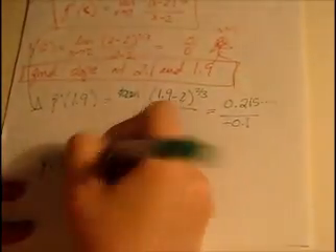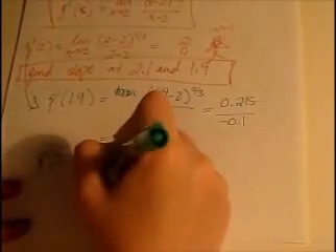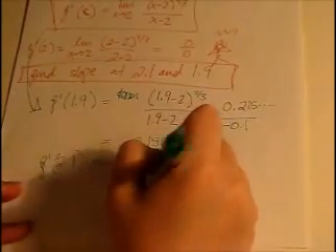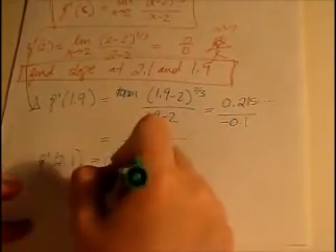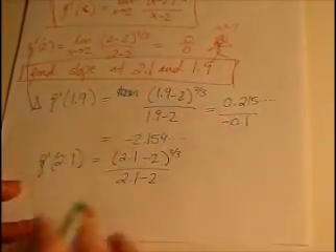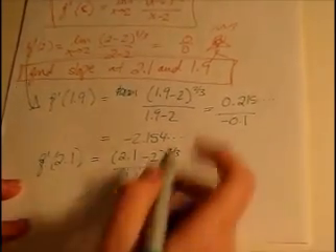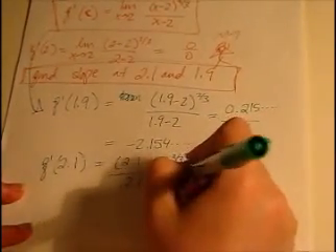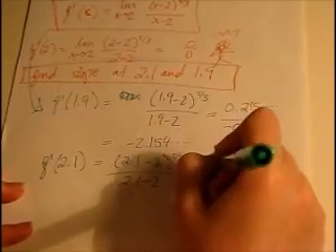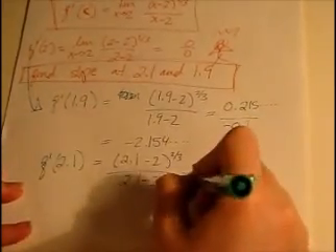So from the right, when we're approaching it, we're going to see what's happening with 2.1. So I'm going to plug 2.1 into this equation. 2.1 minus 2 to the 2/3 over 2.1 minus 2 equals 0.215 dot dot dot over 0.1.